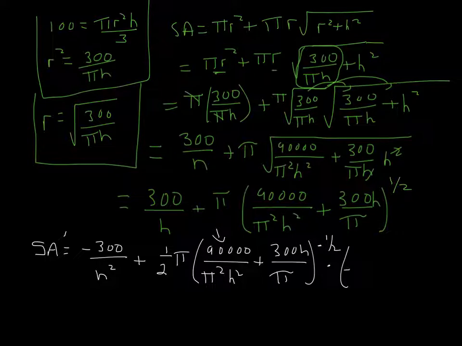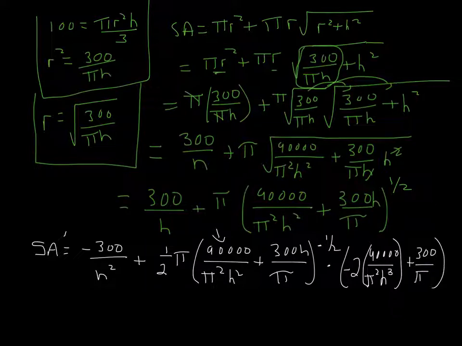So I'm actually going to get negative 2 times this 90,000 over pi squared, and h is going to change to h cubed, right? And then I'm going to have plus, and I've got 300 over pi h, so I'm just going to get 300 over pi. And that's the chain rule part of it.